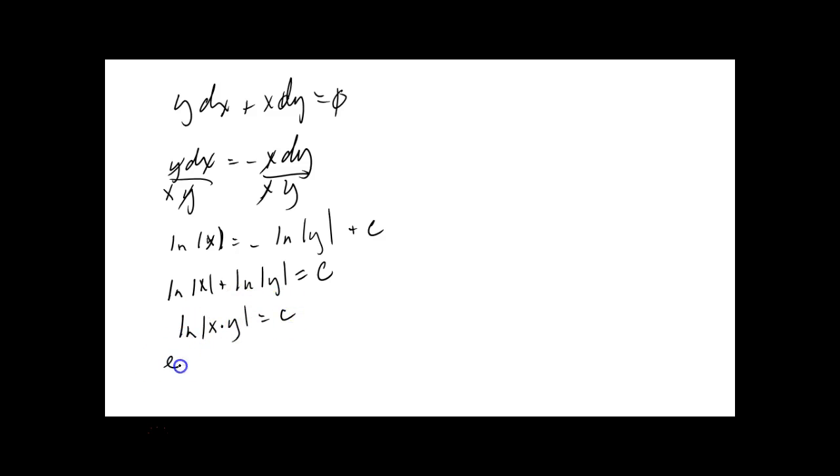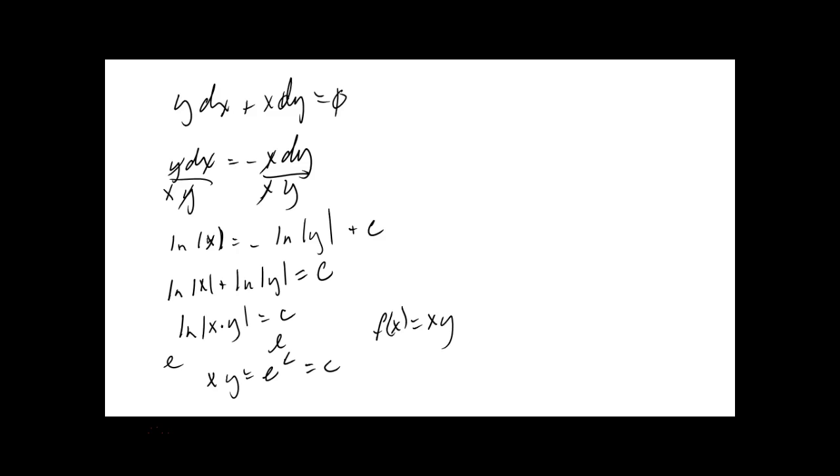Then you can exponentiate both sides, and you get xy is equal to e to the c, or just c. So f of x is equal to xy. Very easy problem to solve.